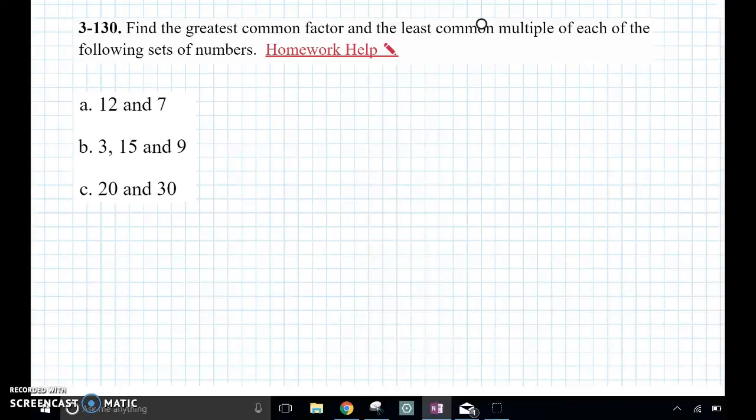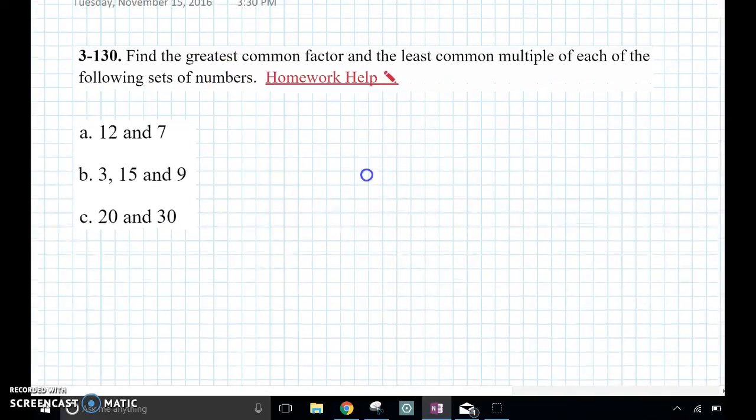So, problem 130. Thank you for this request. Find the greatest common factor, better known as the GCF, and the least common multiple, the LCM, of each of the following sets of numbers.